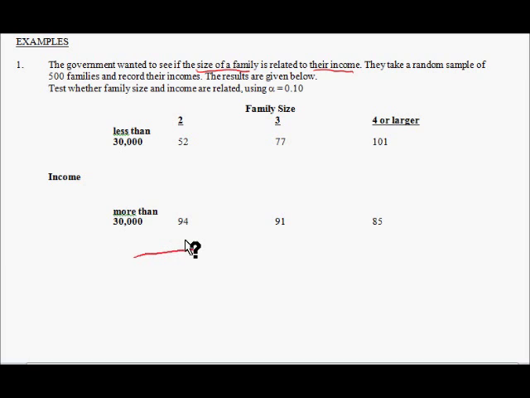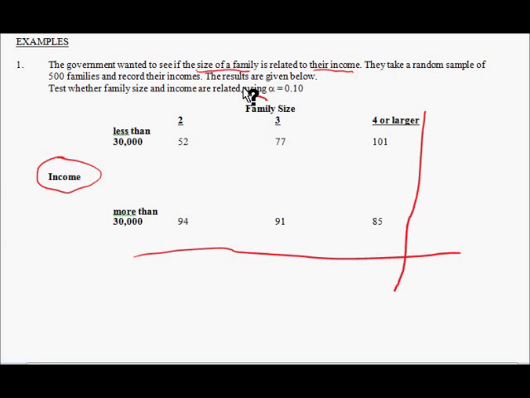So here, I'm going to put some totals on here. What it's telling us is that here are two variables, right? Income is on this side, family size is up here. For family size, we broke into 3 groups: families with only 2 people, families with 3, then families with 4 or more.